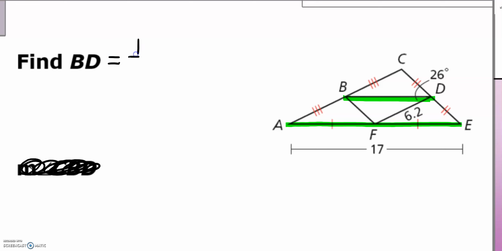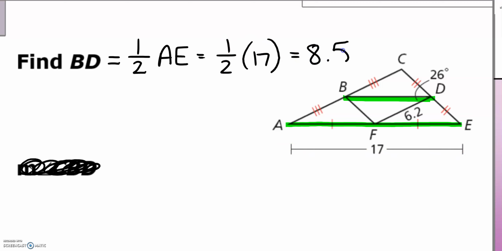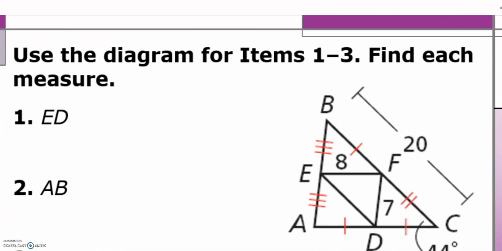So BD is equal to half of AE. And in this picture, I can see that AE is worth 17. So 1/2 of 17 tells me that BD is worth 8.5. Good, great, wonderful. Next slide.